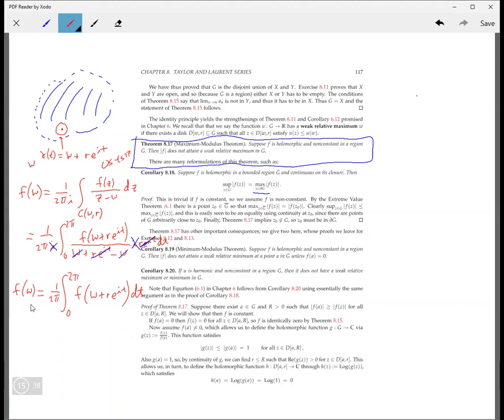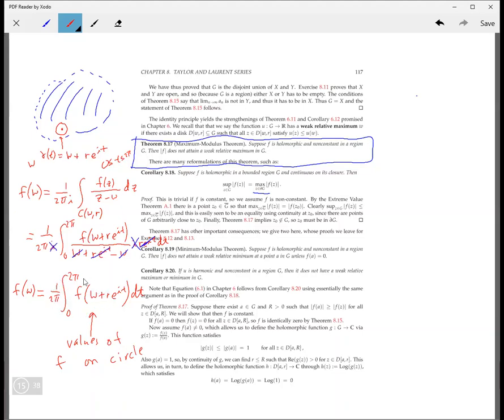Okay, so that means that the value at the center point is equal to the integral. These values represent the values of f on this circle. Now you're integrating from 0 to 2 pi, and you're dividing by 2 pi.